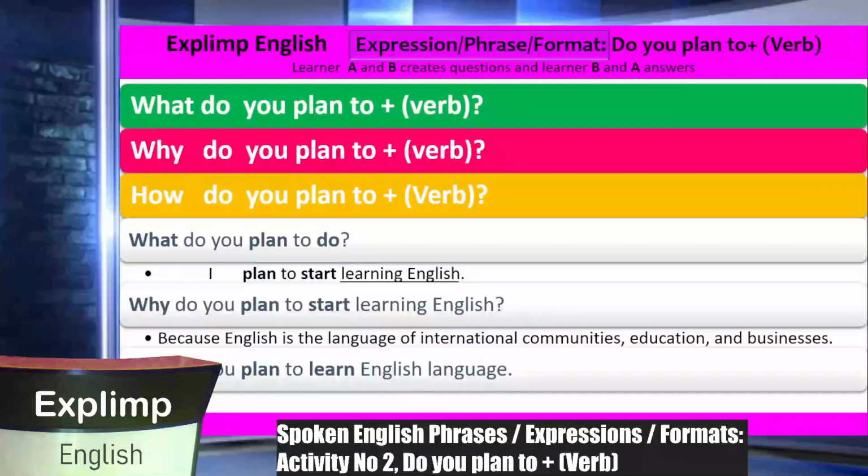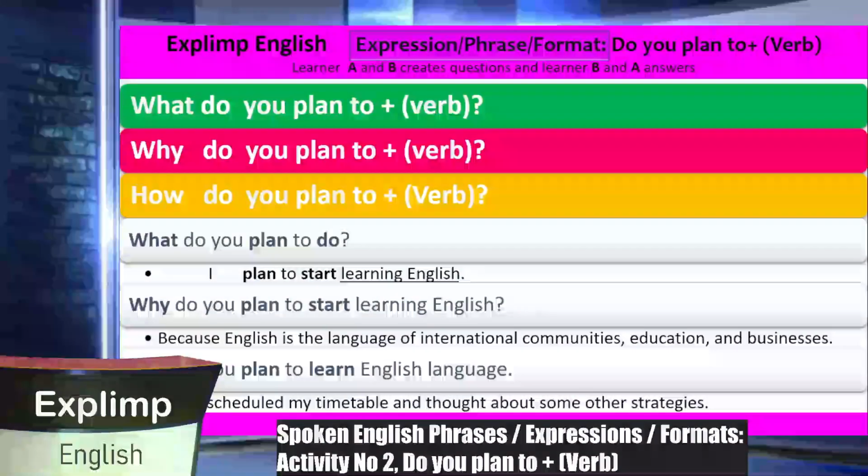The next one is, okay, so you want to learn English because of this reason, but how do you plan to learn English language? Like, how will you do that? What would be the process of doing this, right? Okay, so the answer is, well, I have scheduled my timetable and I thought about some other strategies as well. Okay, so it is not about only scheduling your timetable.